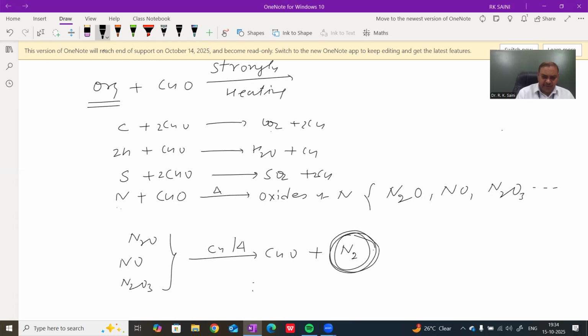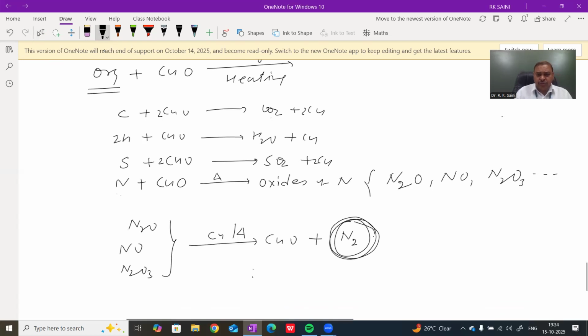Now this gaseous mixture is passed through the solution of KOH.